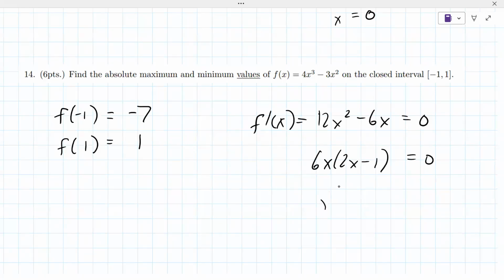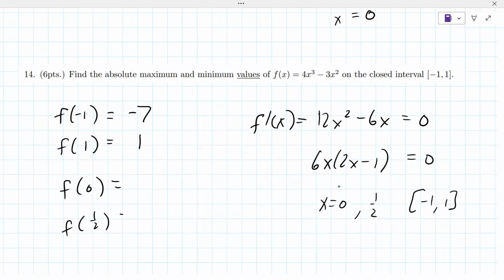Are those in the interval? Are those between -1 and 1? Yes. So now you have to compute each of those. Oh, so we plug those back in? Yeah, into the original.